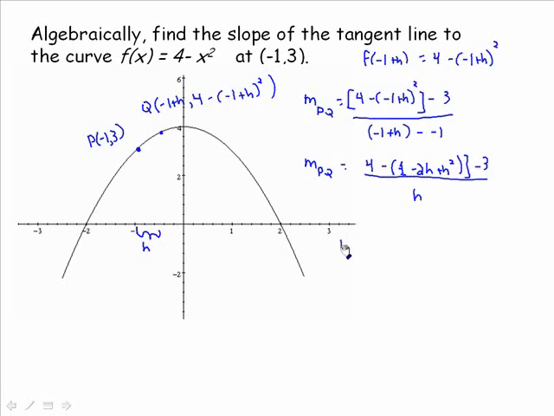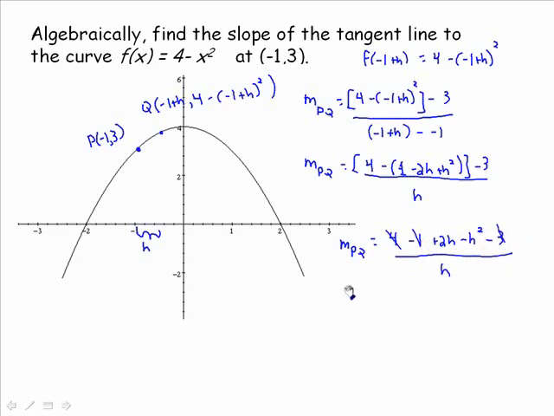So we go on. MPQ. Do not make mistakes on this simplification. And you get 4 minus 1 plus 2h minus h squared, and then minus 3, all over h. And once more, we get some simplifications on the numerator. 4 minus 1 is 3, minus 3.